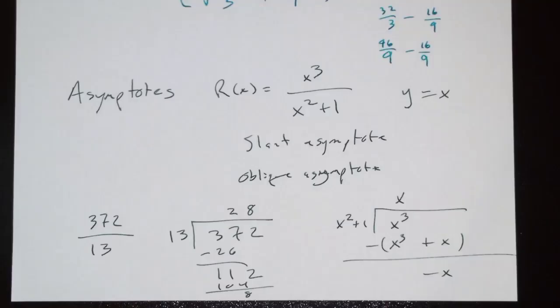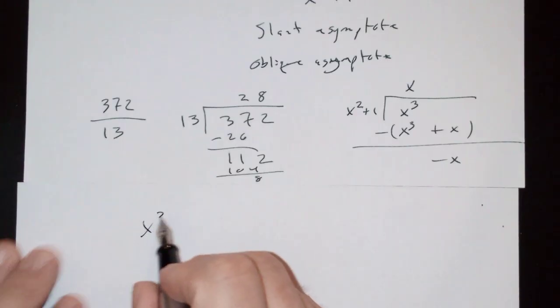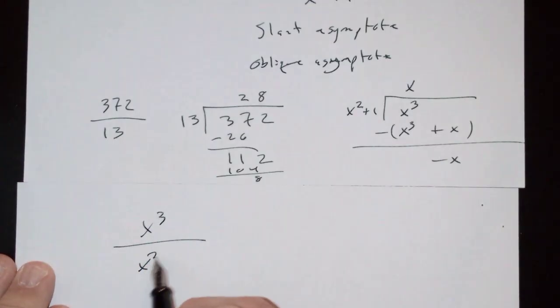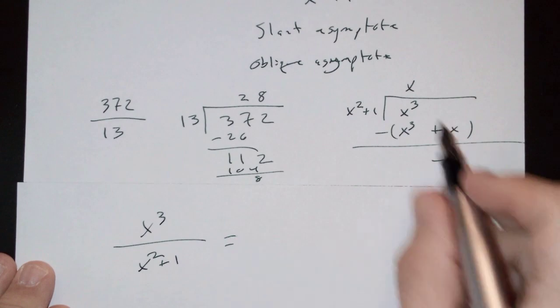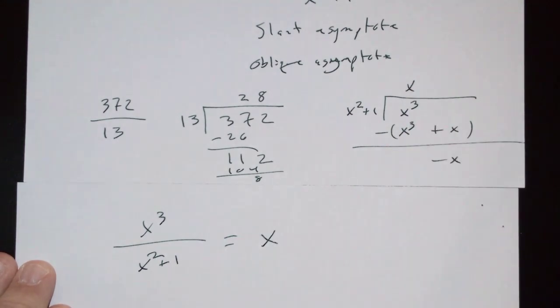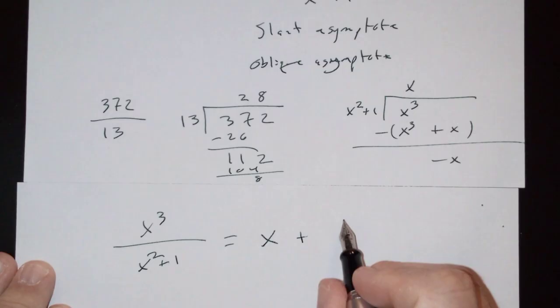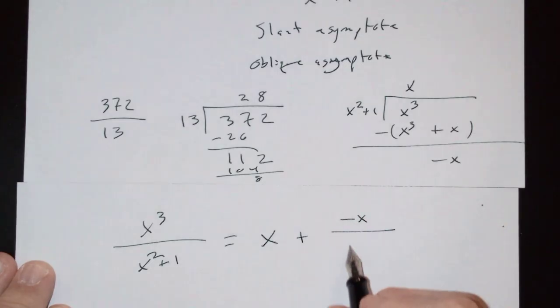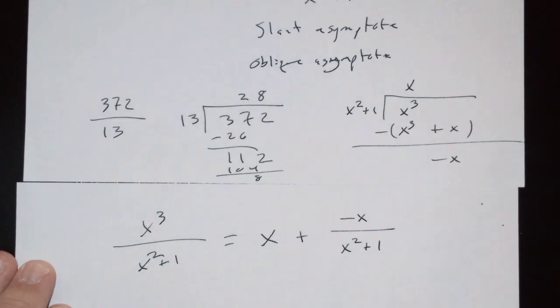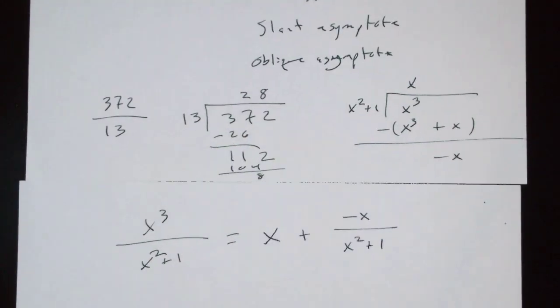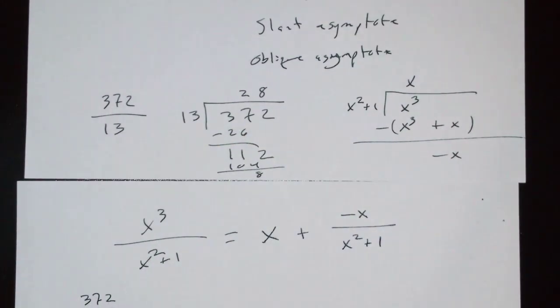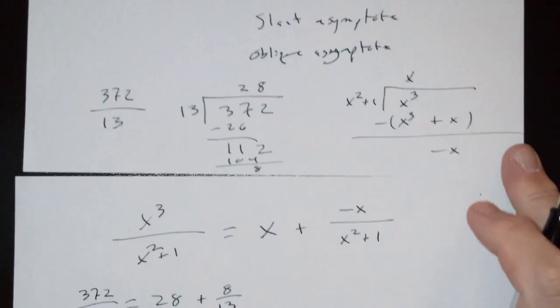So if I think about the division I just did, x cubed divided by x squared plus 1 is x plus a remainder. Just like up here, I have 372 divided by 13 is 28 and 8 over 13.